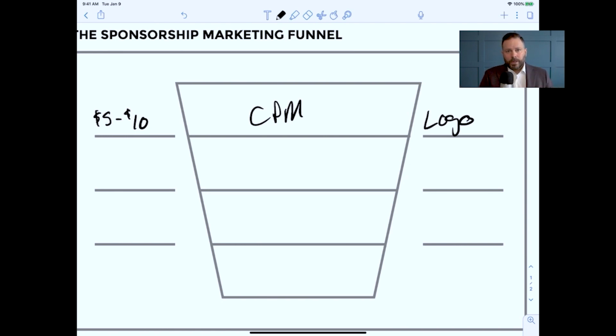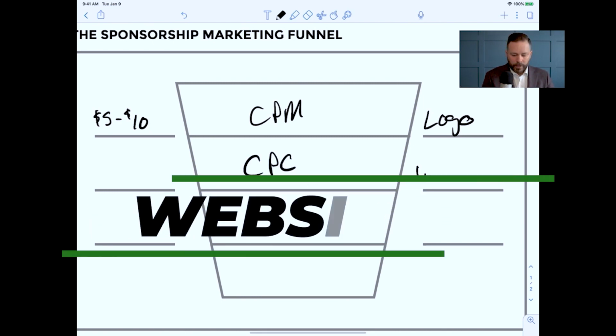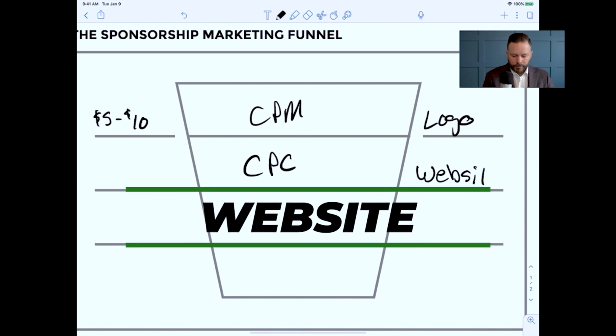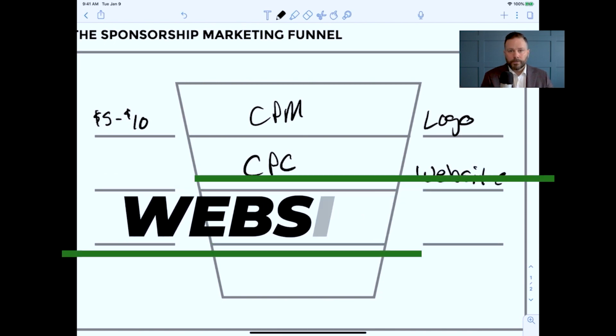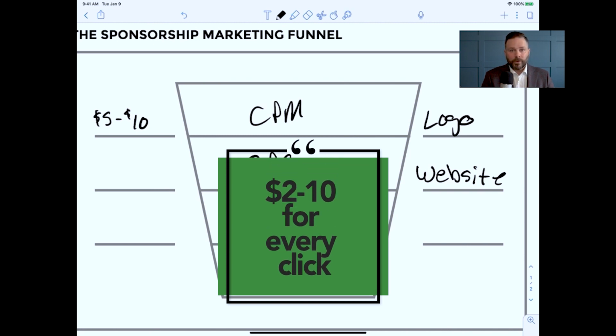A little bit deeper into the digital marketing sales funnel is something that's a little more valuable. This we call cost per click. The equivalent in sponsorship would be sending traffic to a website or a particular sponsor webpage. Depending on the audience, depending on the product, and a number of other factors, brands are paying between $2 and $10 for every click.